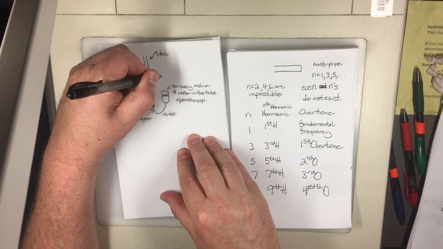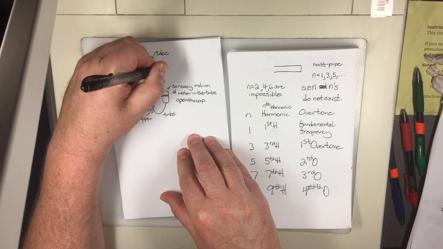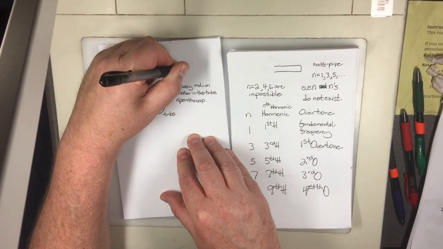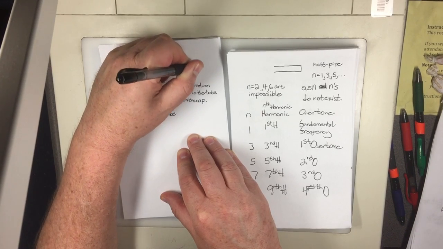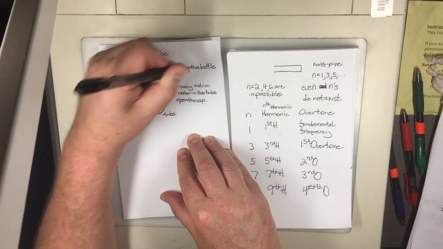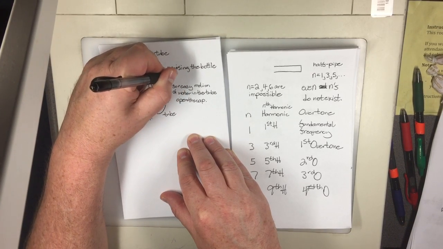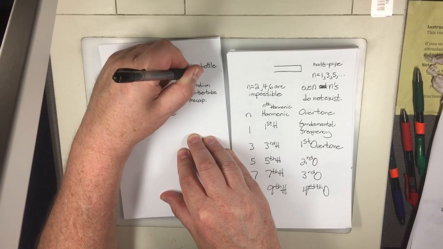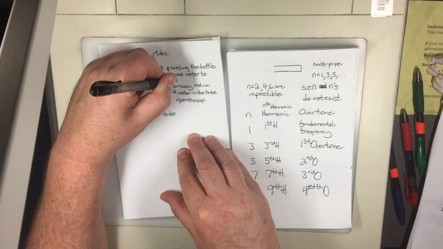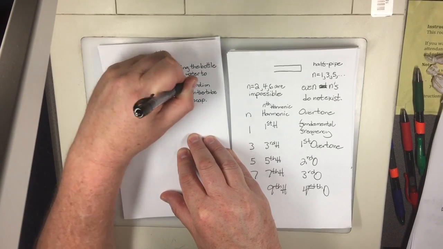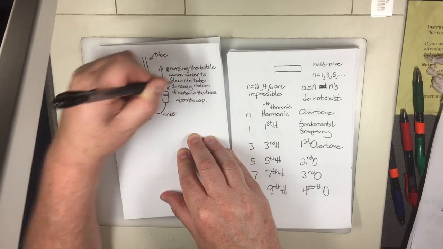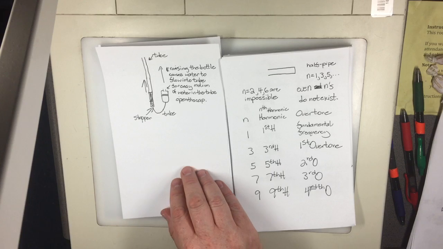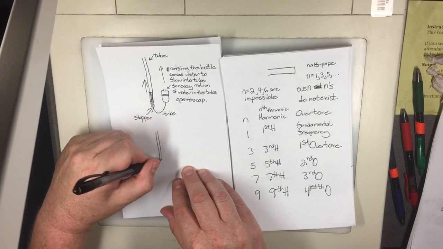Raising the bottle causes water to flow into the tube. So basically the water inside will go up.